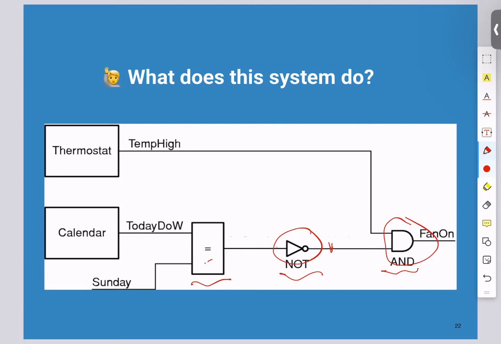So there are some basic primitives, but of course, much like software, we often use more complex building blocks because they make our life easier. It's not that I cannot do addition using NOT and AND, it's just that it would be very painful.